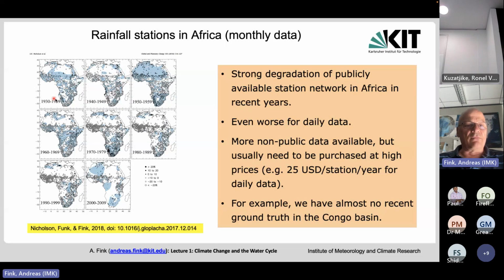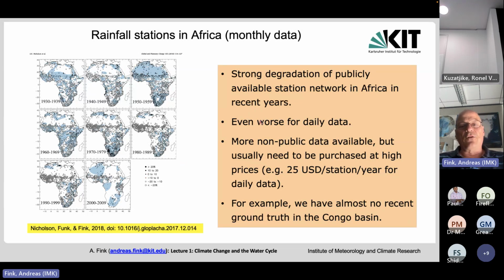That is the number of monthly rainfall stations she had in the 1930s, 1940s, 50s, and so forth. And when you look into the 2010s, you see that there are large gaps. They appear already in the 1980s and 1990s. And in areas, for example, Congo, we don't have any ground truths. It's the second largest rainforest, and we don't know much of rainfall changes on the ground.